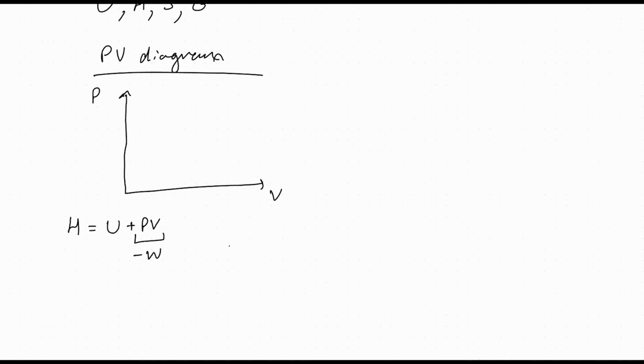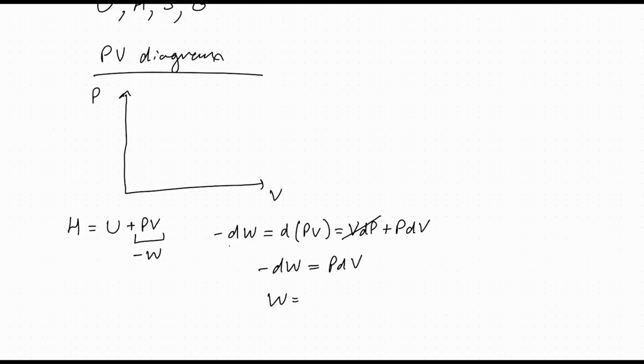More specifically, if we were to do this derivation here, dW is equal to the derivative of that product, P times V, which if we use the product rule, we get VdP plus PdV. And at constant pressure, dP is 0, so we get negative dW is equal to PdV, or work is equal to the negative integral of PdV.